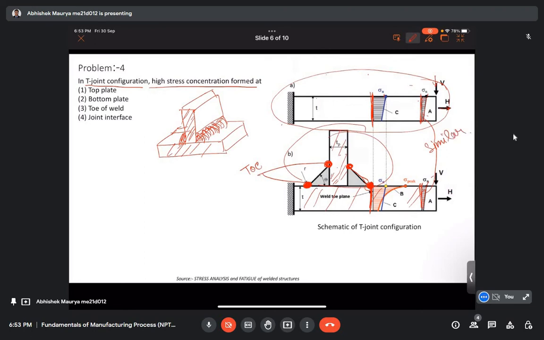Now if we look at the stress values near the toe, if we take a cross section of the beam near the toe, and at the same location take the cross section of the beam where there is no welding, where only the beam is there.